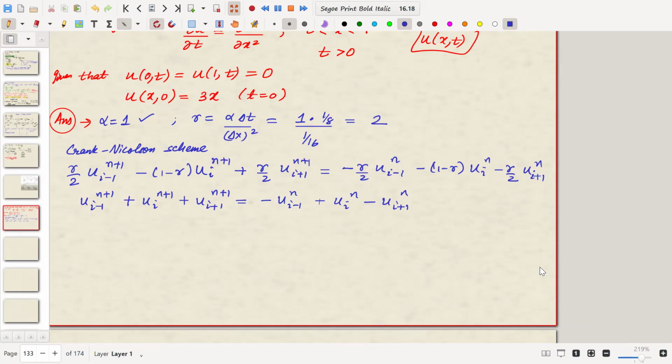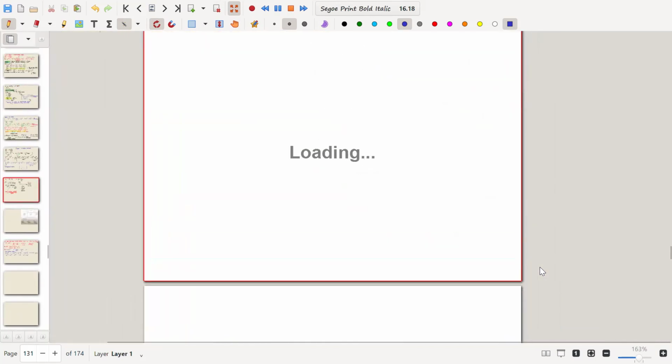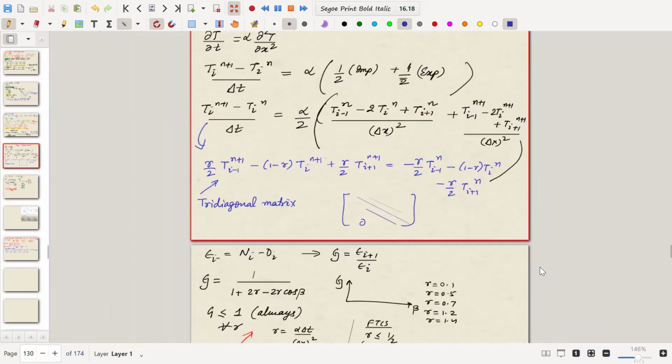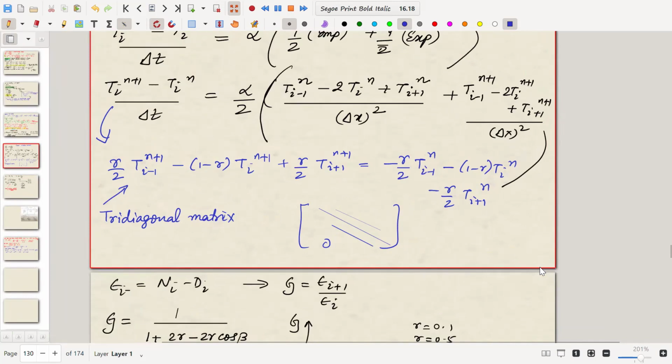But before that, because you will start doing the computation, I think something might be wrong here. Can you check it again? Is anything wrong here? Yes. Where?